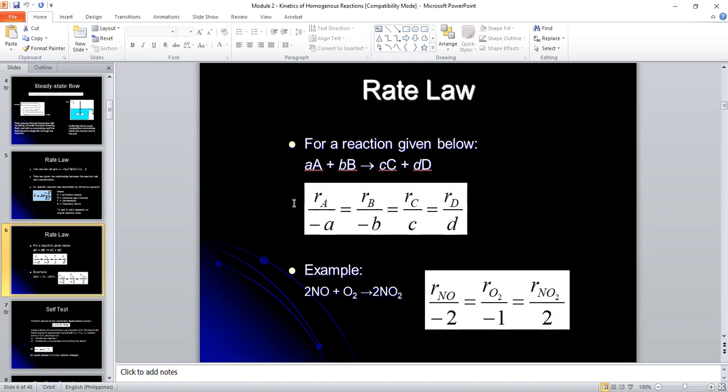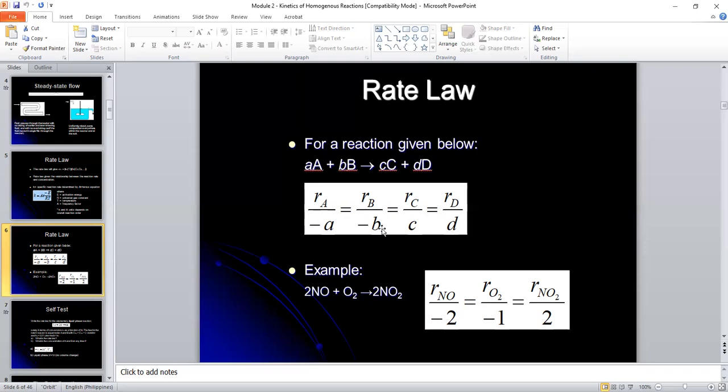This is true whether your reaction is said to be elementary or non-elementary. As to when we categorize a reaction as elementary or non-elementary, we will discuss it later as we go along.